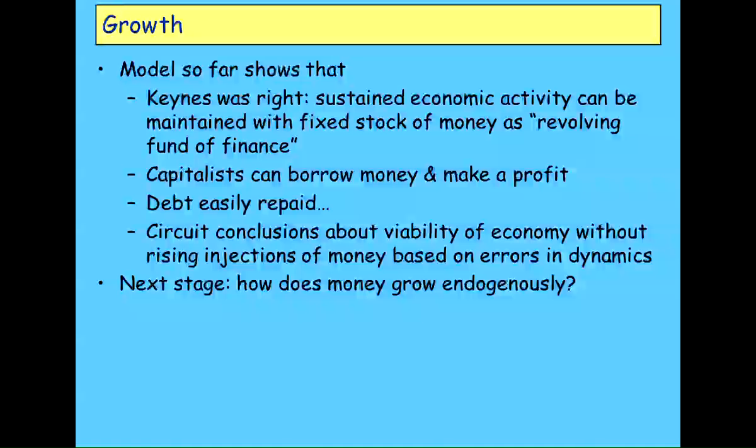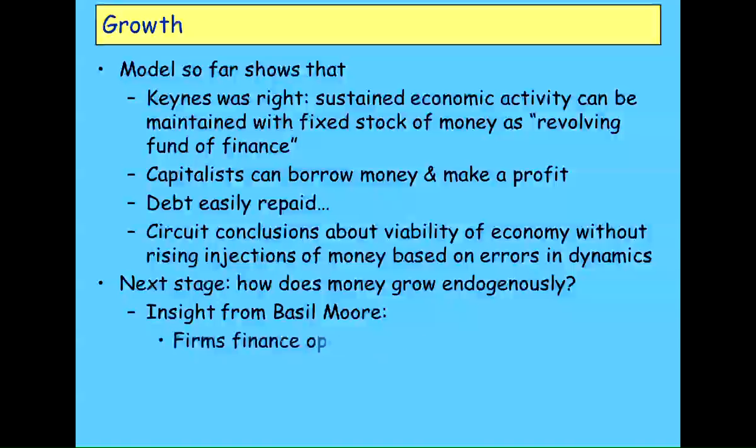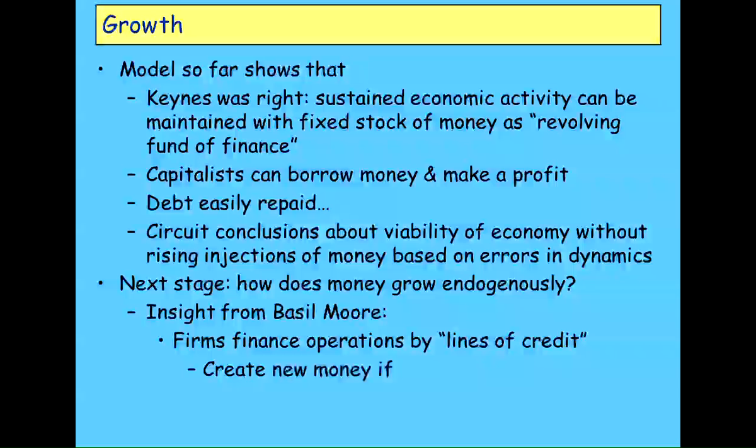So what I've got to bring in now, though, is endogenous growth in the money supply. And here I'm going to bring in something from Basil Moore. Remember Basil's work on the empirical basis of endogenous money. Back when he wrote, the main way that firms would finance things like buying a new blast furnace or paying a wage rise was accessing their line of credit. And that was like your bank cards, your credit cards.